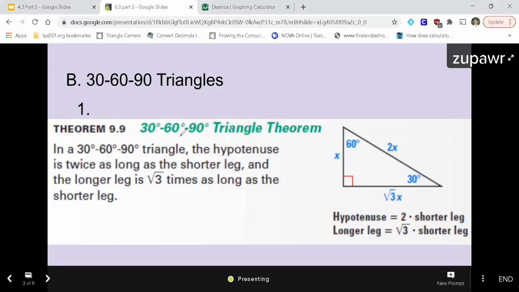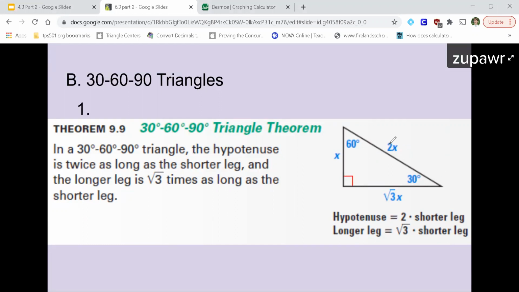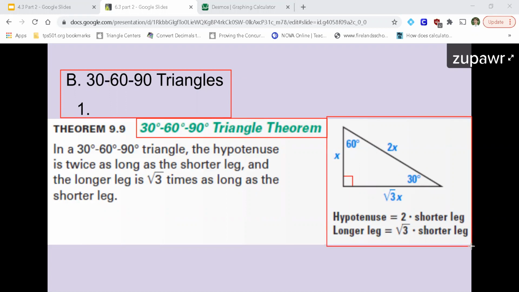For all 30, 60, 90 triangles, the hypotenuse is twice as long as the shortest leg, and the longer leg is square root of 3 times longer than the shorter leg. So what needs to go into your notes is this title, either one of these titles. And you need this picture along with these formulas.